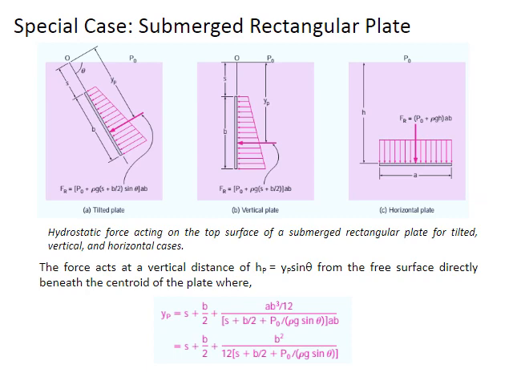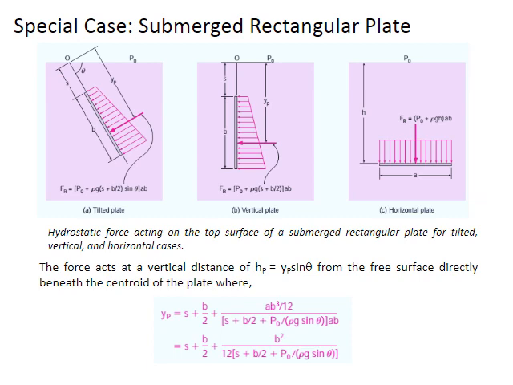From the second figure we have a vertical plate and the pressure is acting all over the plate. Here the resultant force will be equal to P naught plus rho g s plus b by 2 into sin theta, multiplied by AB. We put the value of theta equal to 90, so sin theta will be equal to 1. So the resultant force will be equal to P naught plus rho g s plus b by 2 into AB.